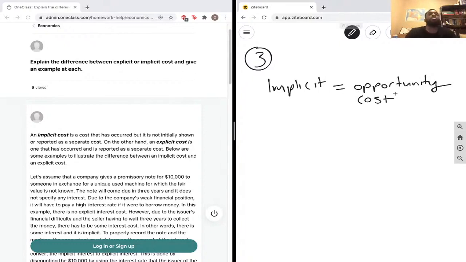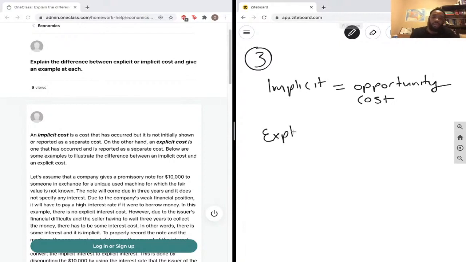And this is just the cost of the value of the other economic activity you could have been doing, rather than the current economic activity. So basically, the cost you forgo to participate in an economic activity. And that's not only the monetary value, but also the benefit that you gain from whatever the alternative could have been.